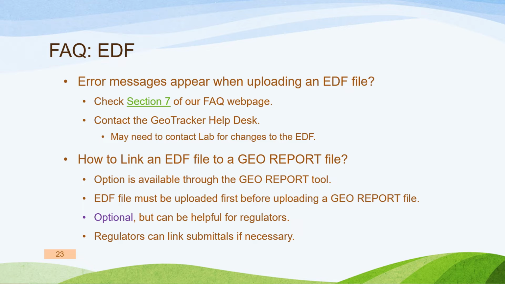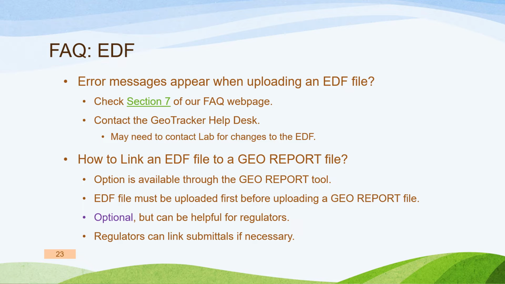Next question would be how to link an EDF file to a GeoReport file. This linking feature is available through the GeoReport upload tool. In that upload tool, it would list out all the EDF files that have been uploaded to this particular facility.